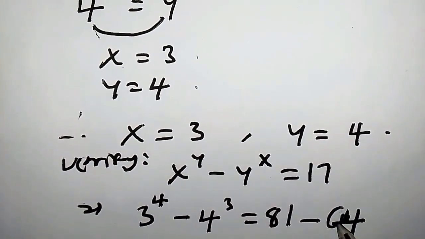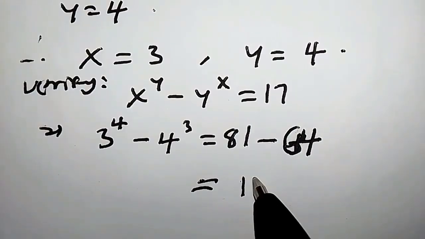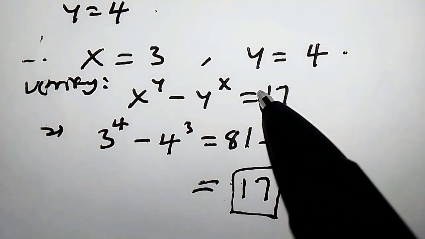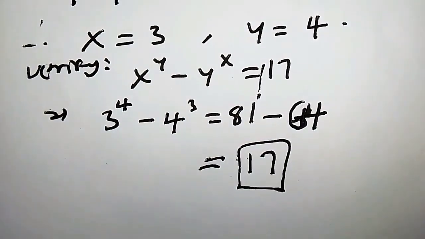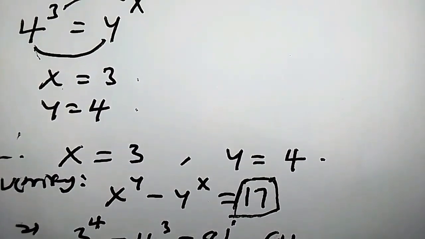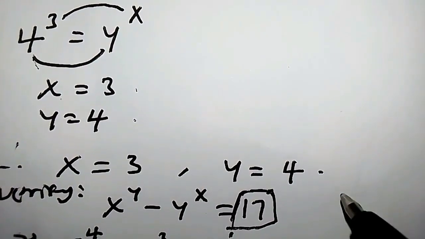This equals 81 minus 64, that is simply 17. This is exactly what we have on the right hand side of this equation. That means, indeed, our values of x and y are respectively 3 and 4. That's it.